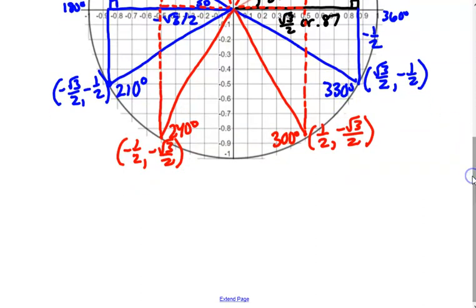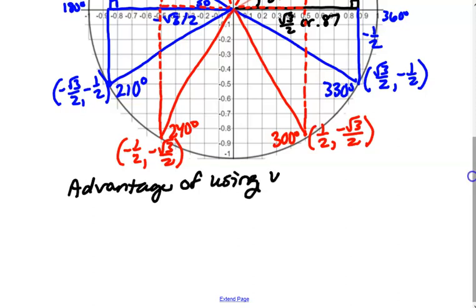But the big idea about using a unit circle is this. So this is the advantage of using a unit circle with radius 1.